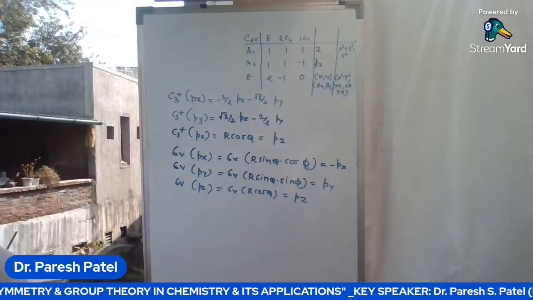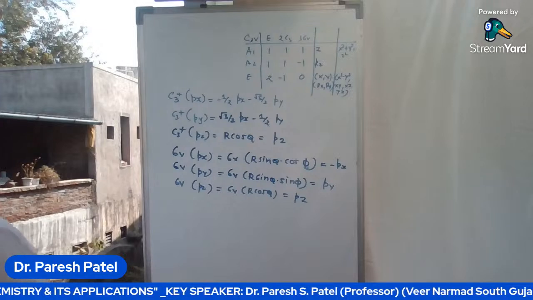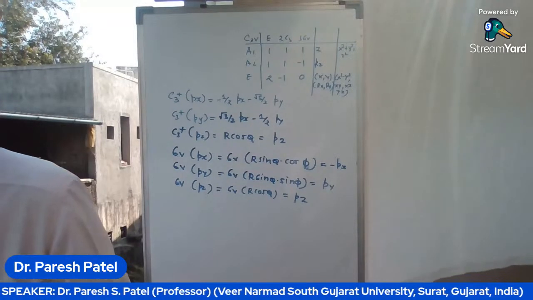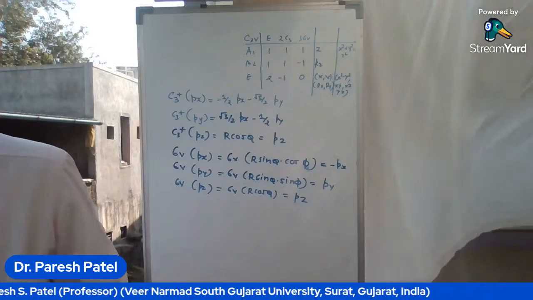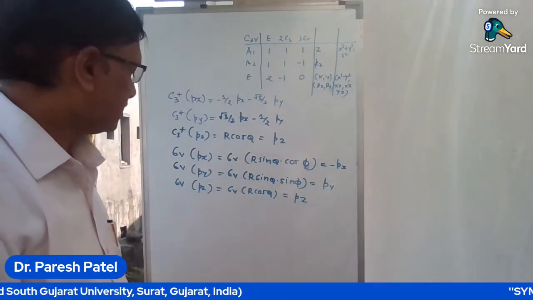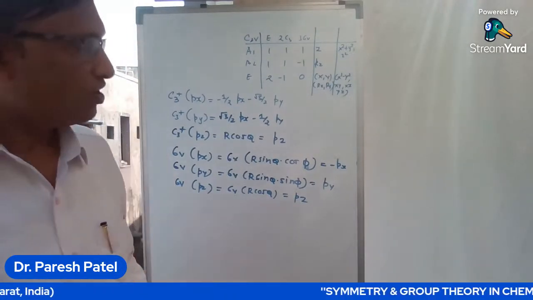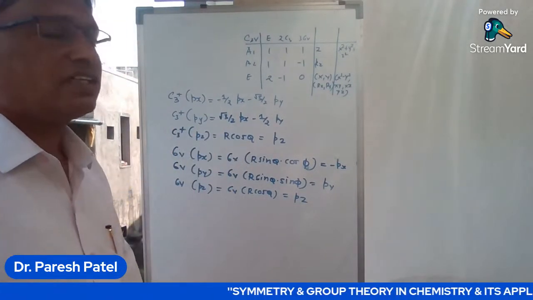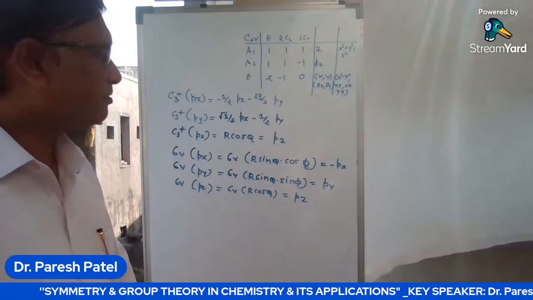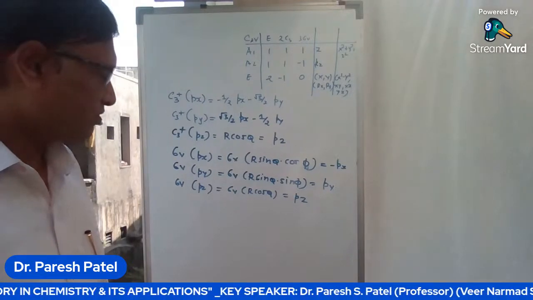So these are the contributions from px, py, and pz in the bonding skeleton of the nitrogen of the ammonia molecule, or we can say these are the transformation properties of px, py, and pz of the nitrogen atom of the ammonia molecule.